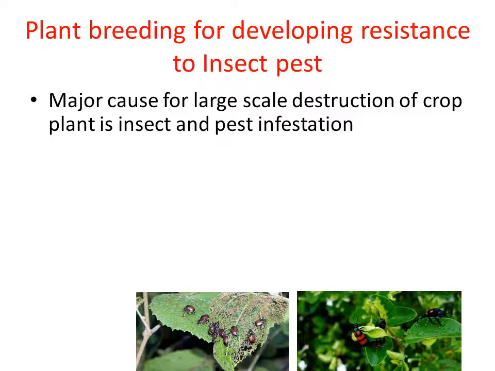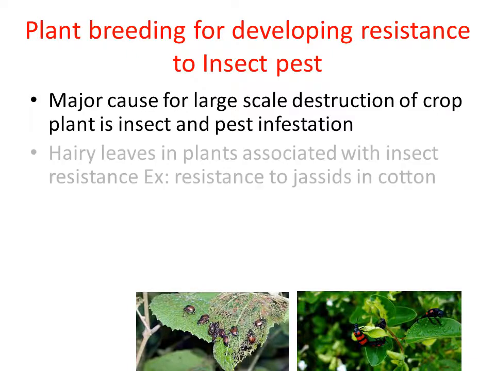Some of the plants we can see have naturally got resistance against some of the insects. It may be due to some morphological, biochemical, or physiological character. So maybe due to these reasons, some of the plants have got resistance to some insects and pests, right?